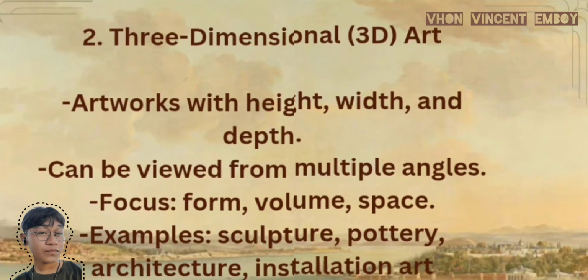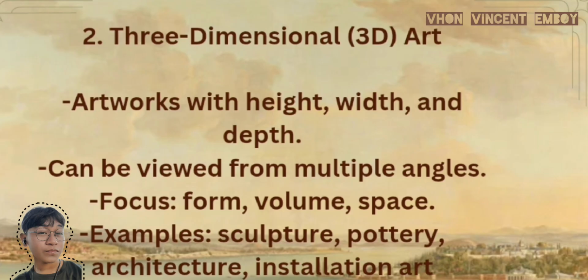Next, three-dimensional or 3D art. These are artworks with height, width, and depth. They can be viewed from multiple angles, and the focus is form, volume, and space. Some examples are sculpture, pottery, architecture, and installation art.